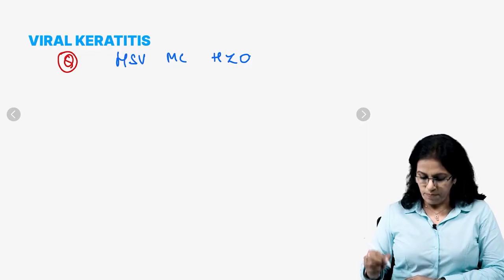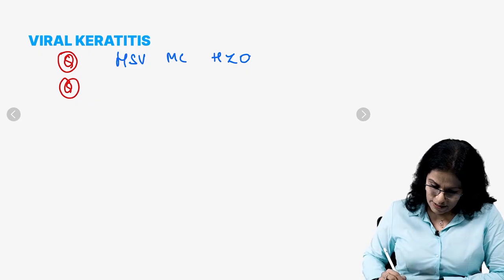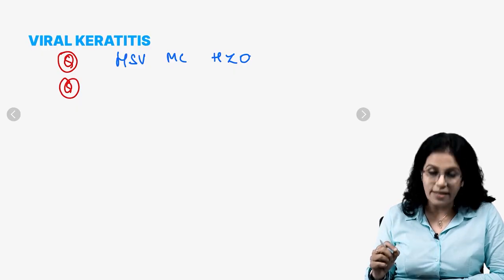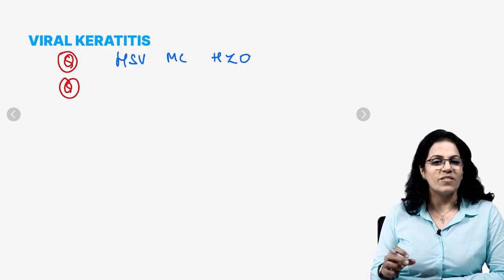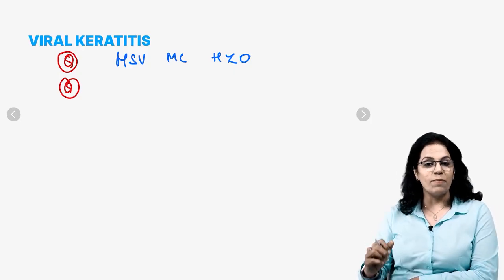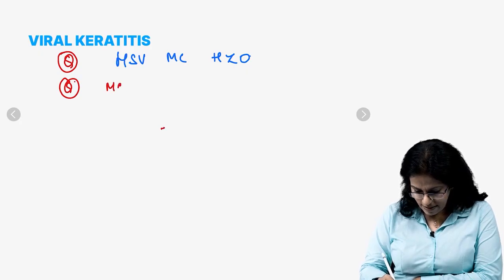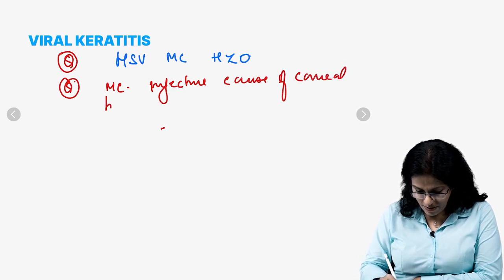Another question. Herpes infection is one of the most common infective causes of corneal blindness in a developed country. This is just a piece of information that you can keep in mind: what is the most common infective cause of corneal blindness? But we are not talking about India, we are talking about developed countries.